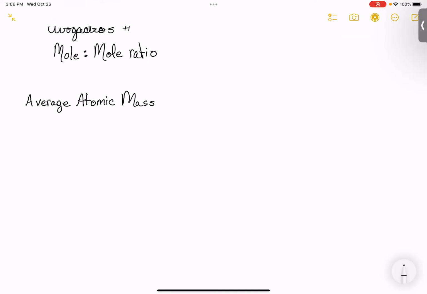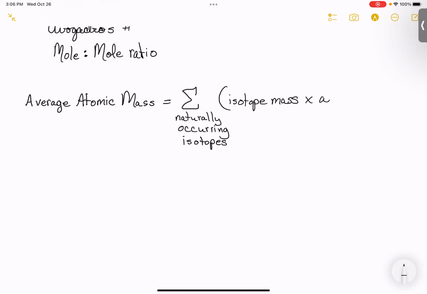In other words, it's that lower number. The average atomic mass was equal to the sum over all naturally occurring isotopes of the isotope mass times the abundance.